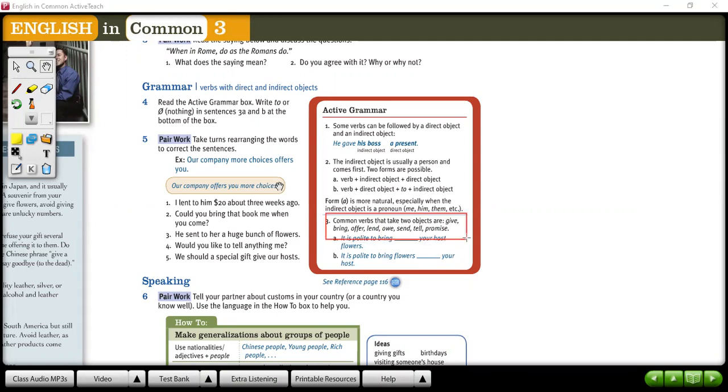Number 3. Can you read, please? Can you read, Amalia? Is Amalia in the class? No, Amalia is not in the class. Karen, read, please. Number 3.